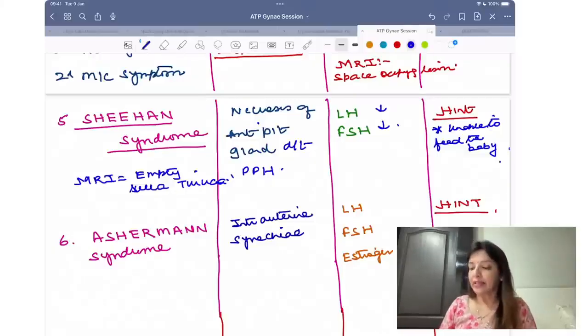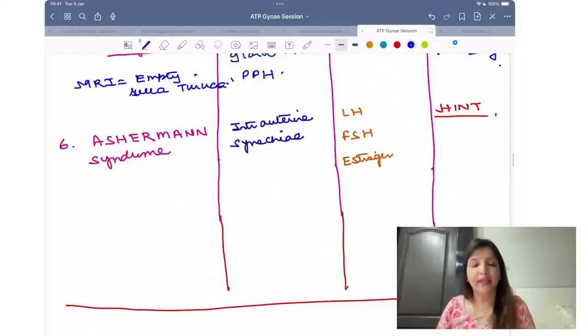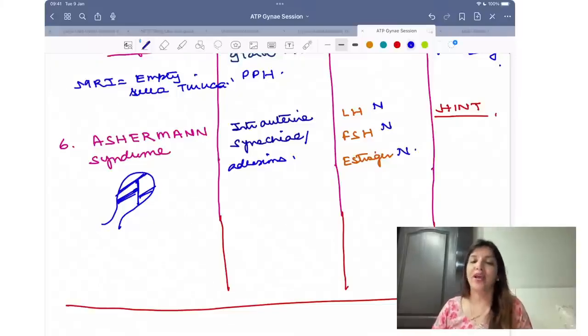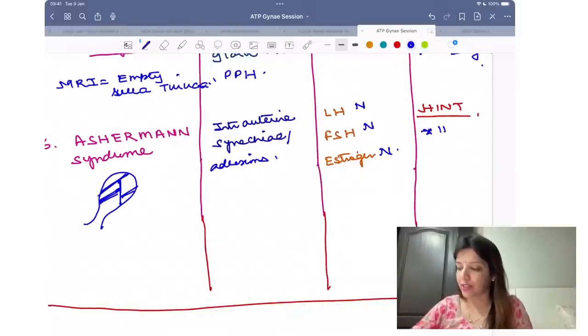Then comes Asherman syndrome. In Asherman syndrome, you are getting a lot of adhesions inside the uterus, that is intrauterine synechiae. Because hypothalamus is normal, pituitary is normal, ovary is normal, LH, FSH, estrogen, everything will be normal. The hint in the question would be a history of previous curettage.